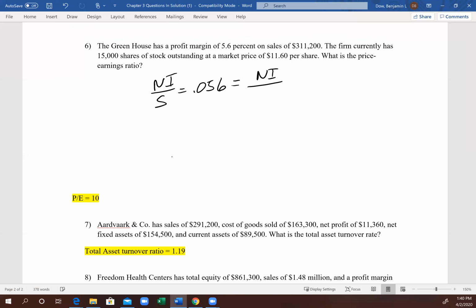If sales are 311,200, you can solve for net income. Net income would be equal to 17,427.2. If we want to find the price to earnings multiple, it's really price per share divided by earnings per share.